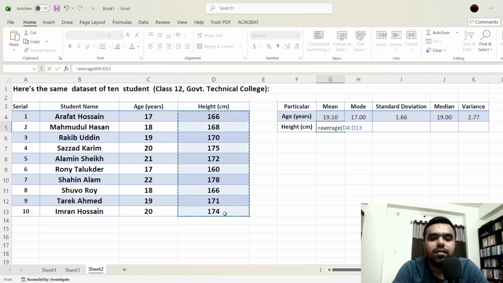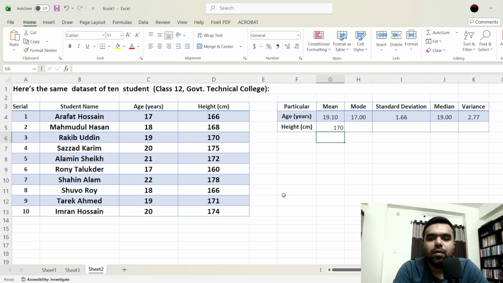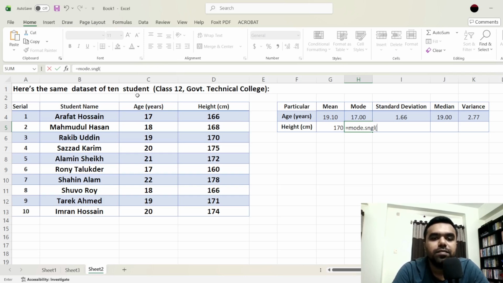So the average we get is 170. Now we get the mode. It doesn't work this way. Now we get the mode, mode for a single cell.